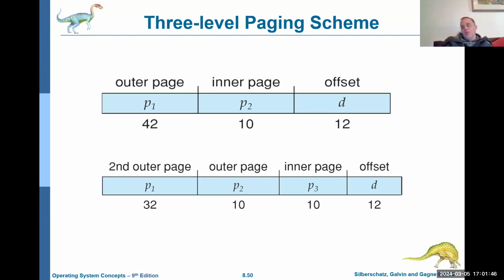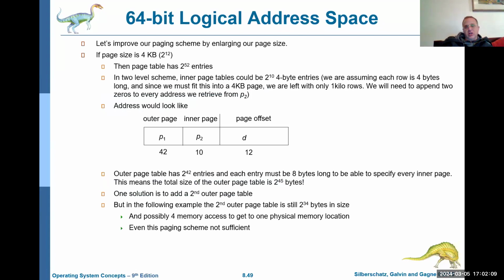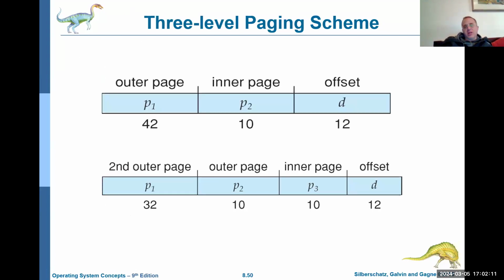Basically, what I'm proving here is that this kind of paging just can't work for a 64-bit architecture, which is the kind of architecture we have. It's just going to be too costly, either because the outer page is too big or there are too many jumps. It may have worked for a 32-bit architecture, but modern computers are 64 bits. Lots of memory. Not going to work.